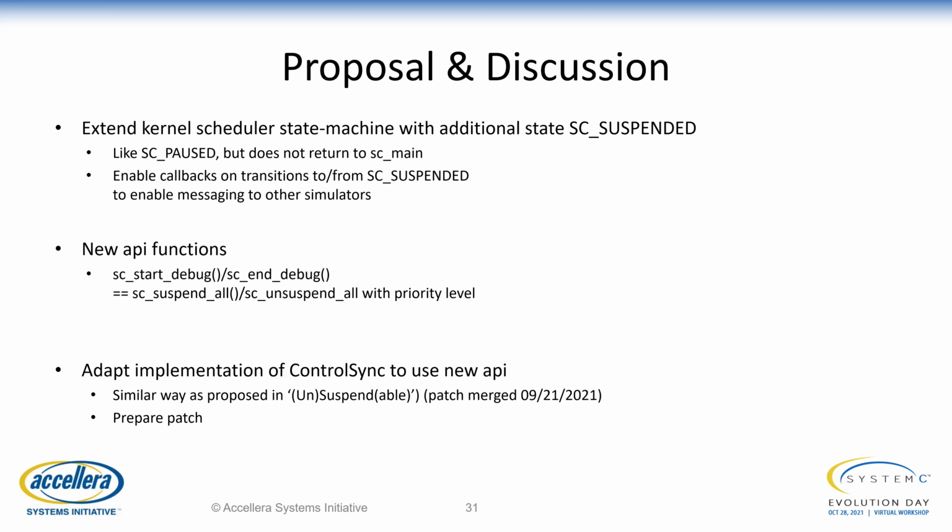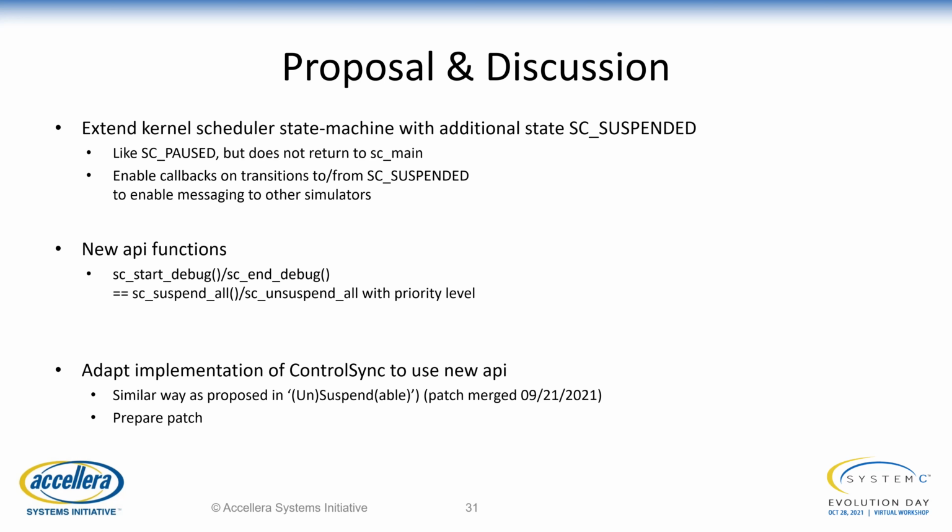So basically that's my task for the coming year: to adapt the implementation of what I called the control sync to use the new API, in a similar way as the patch merged on the 21st of September, the unsuspendable patch by Mark Burton. And I do my work on top of that.